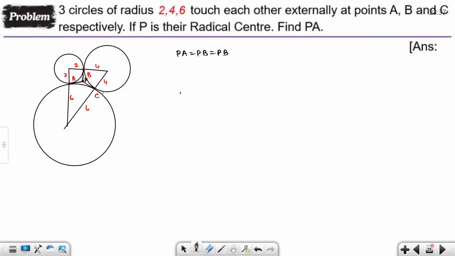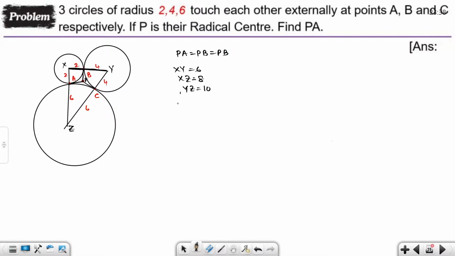Now one thing I can see is that for the triangle that has been formed, the length of this side is 6. Let me give a name, PQR. Oh, P is there now already. Okay, so let me take this triangle as XYZ. Now, your length XY is basically 6. Your length XZ is 8. And the length YZ is 10.